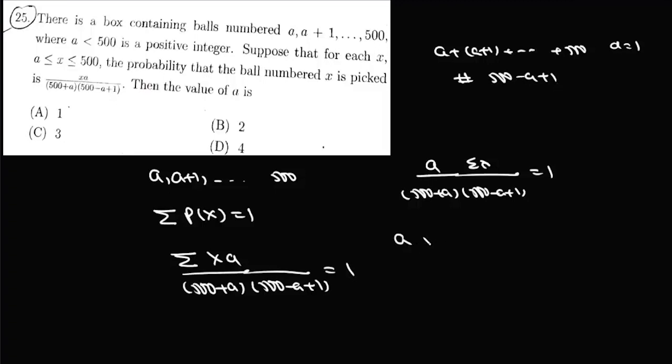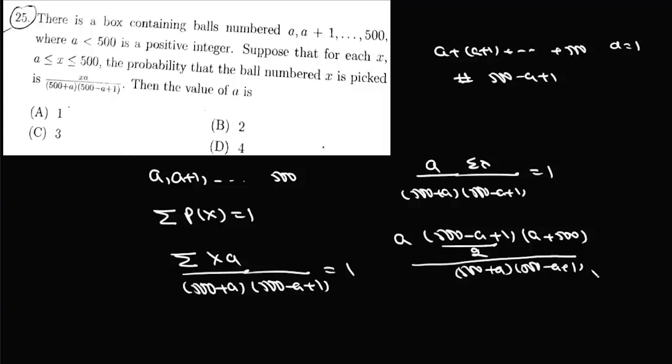So it will be a, and then n by 2, so it will be 500 minus a plus 1 by 2, and then a plus l, a plus 500, divided by 500 plus a, 500 minus a plus 1, and it will be equal to 1. Now both of them will cancel. So the value of a here will be 2. So the answer to this question is option B.